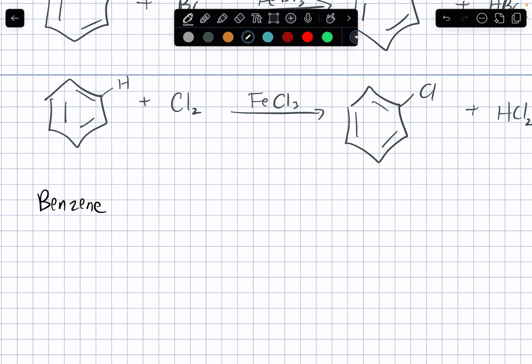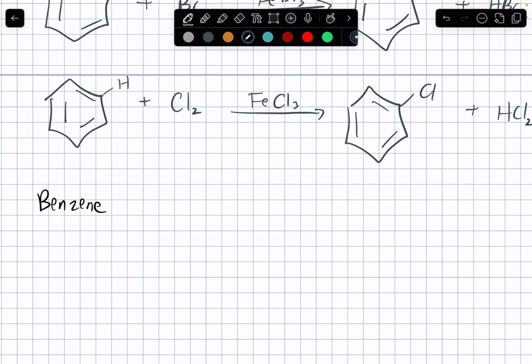So, in order to get past its selective trait, it needs a Lewis acid as a catalyst for them to react. Okay? When you hear catalyst, usually what comes to mind is that it speeds up reactions. Here, what you have to know for the most part is that it is responsible for at least making the reaction with benzene work. Okay?